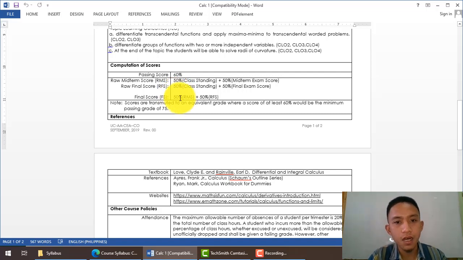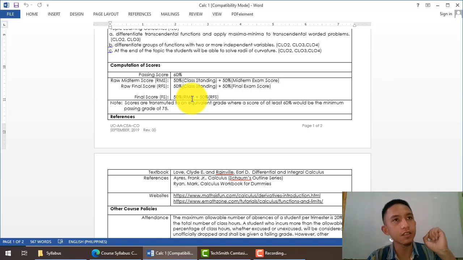Okay, so half or 50% is coming from your raw midterm score or RMS, and then the other half is your raw final score. So it is a half. Your performance on midterms and then your performance on finals, they are of the same weight, half. Combine all of these, that will determine if you will pass or if you will fail.